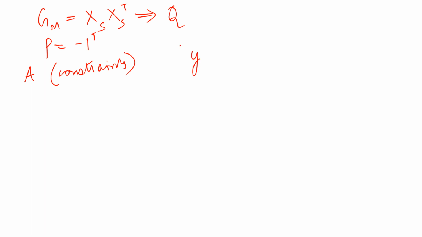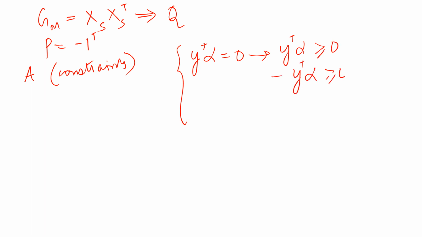For instance, and this is side work, if my y transpose alpha is 0, that implies that my y transpose alpha can be greater than or equal to 0, and my minus y transpose alpha can be greater than or equal to 0, right? And when I'm saying my alpha is greater than or equal to 0, this implies that my identity matrix multiplied by my alpha is greater than or equal to 0.